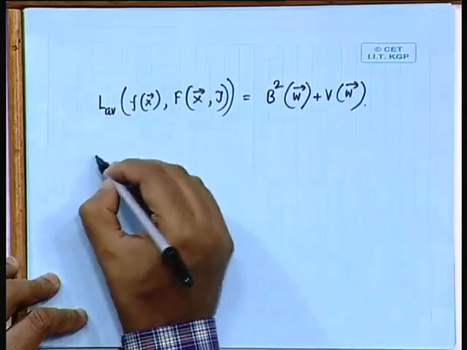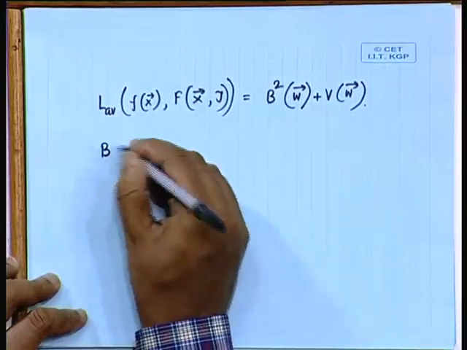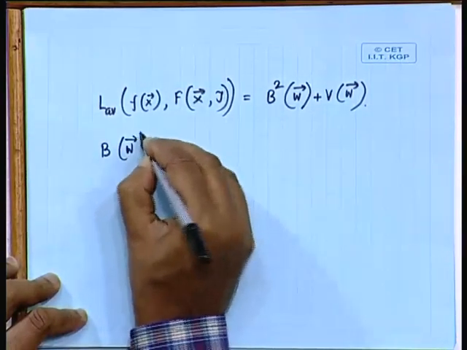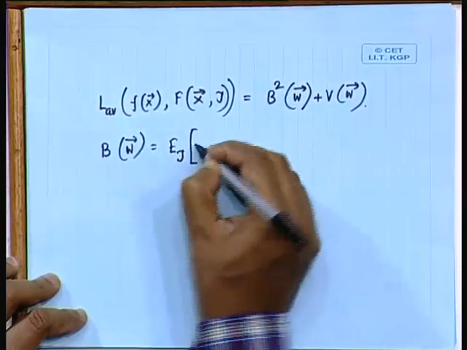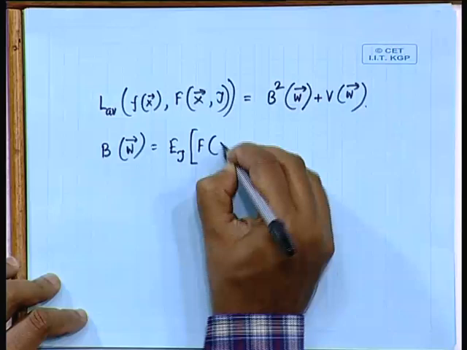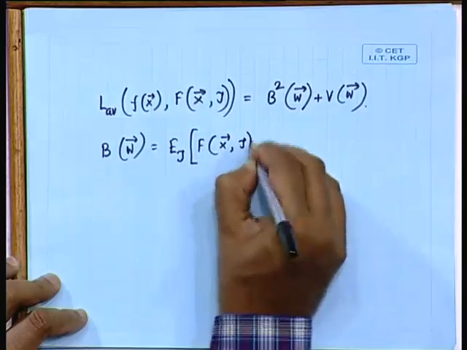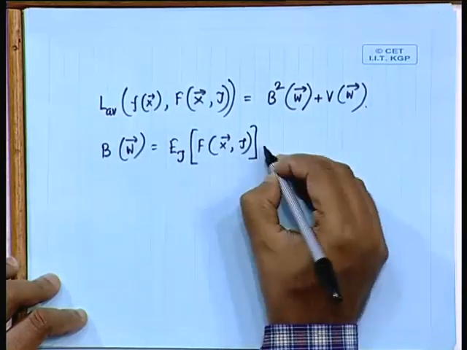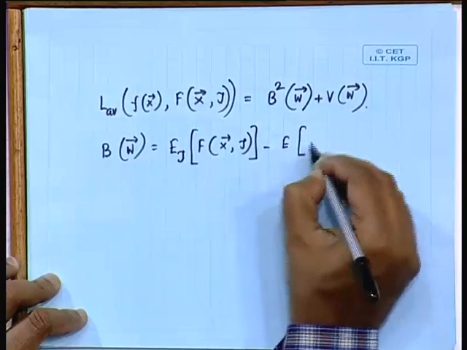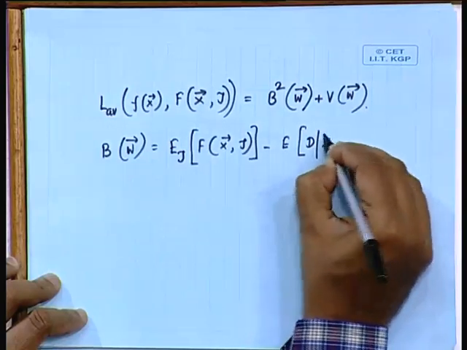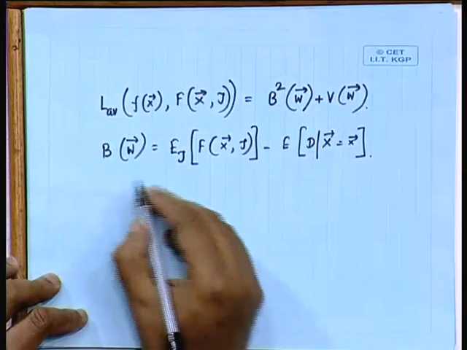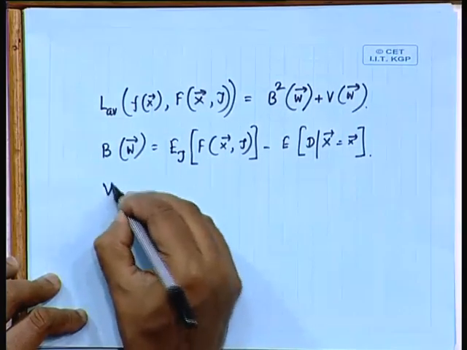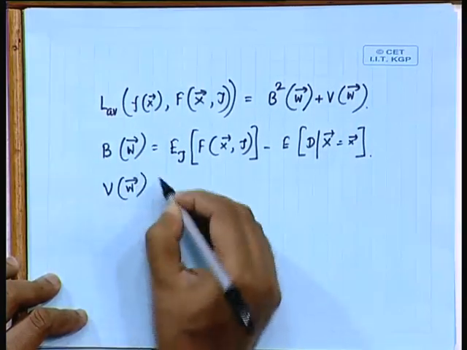So, in this case the definition of the bias and the variance is, the bias term is nothing but E t, f x comma t, minus E of d given x is equal to x. So, this is the bias, and the variance definition is pretty simple.